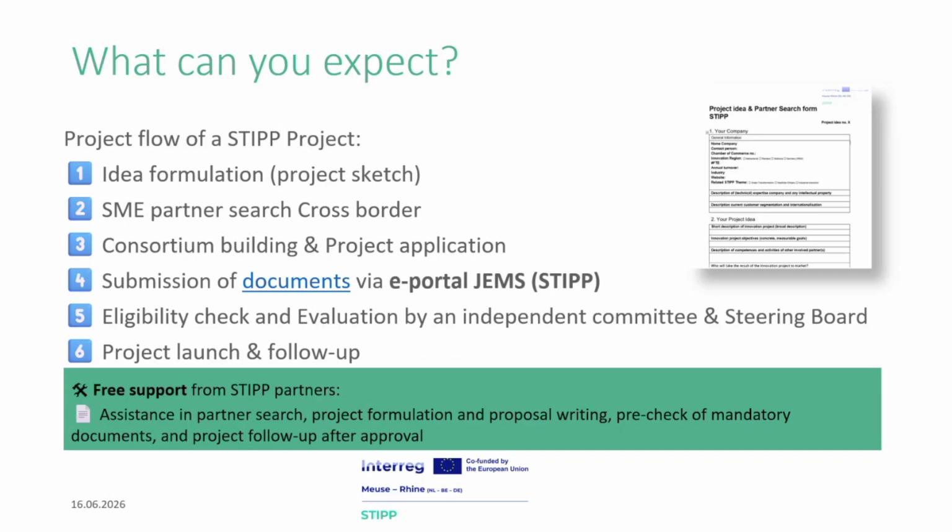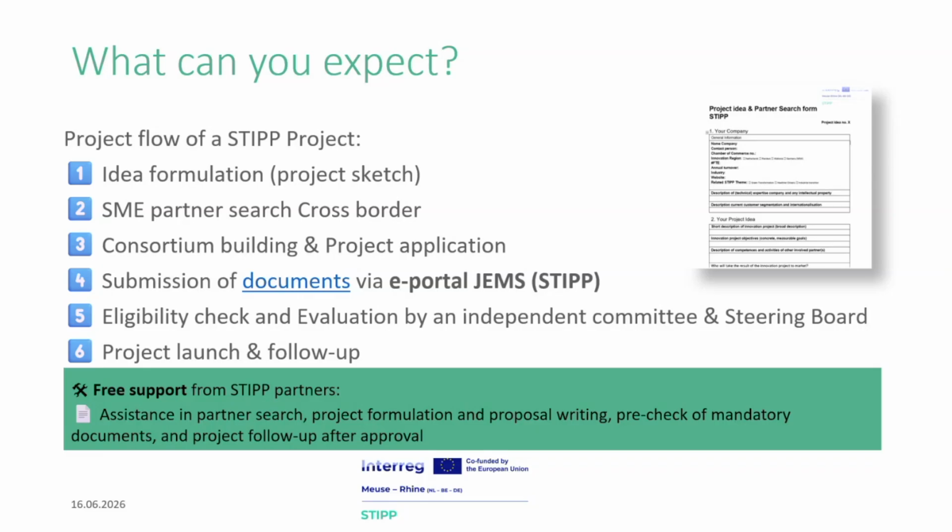If you're working on your application, in the end you should submit it via the e-portal, the GEM STIPP portal, and then the process of eligibility and evaluation will start. You can receive support from the STIPP RDA partners and also from the fund management, and this is good to know because it really helps you in the application phase.